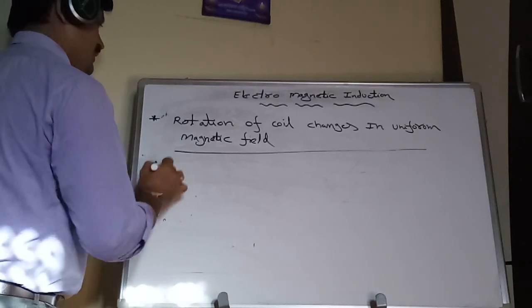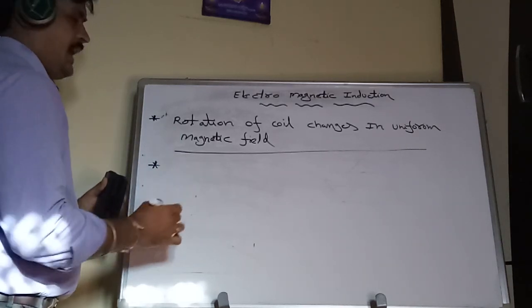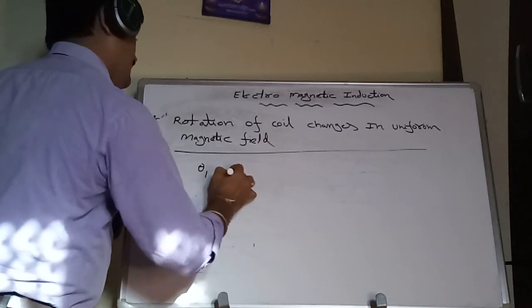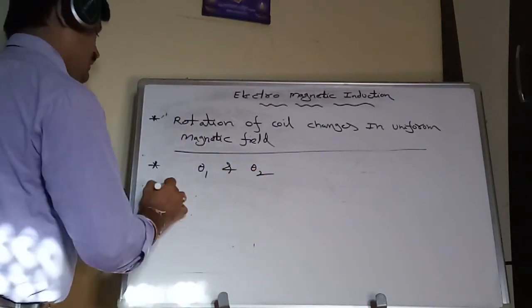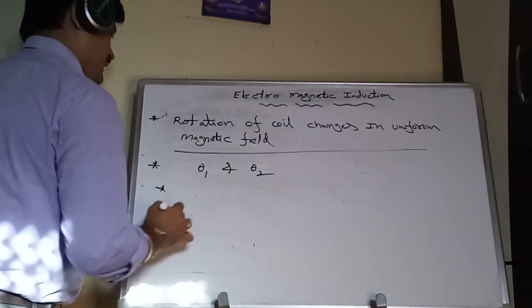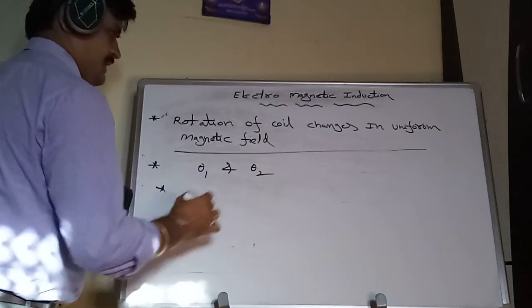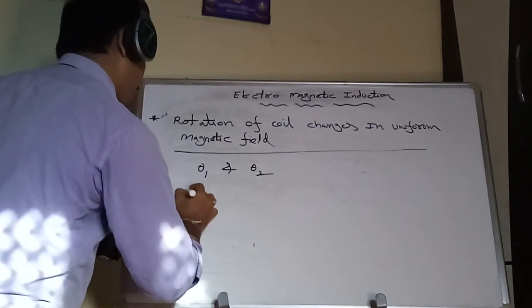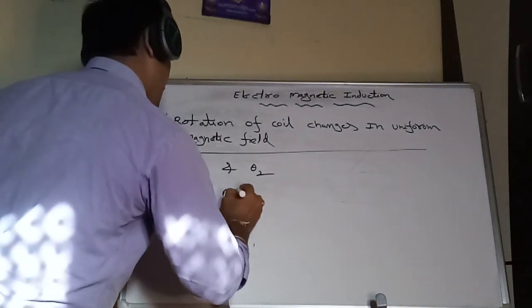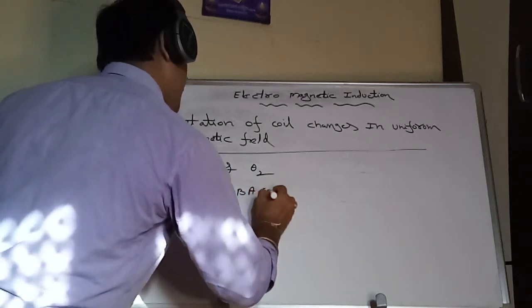When the coil is rotated from an angle theta 1 to theta 2, the initial flux with the coil is phi I equal to NBA cos theta 1.